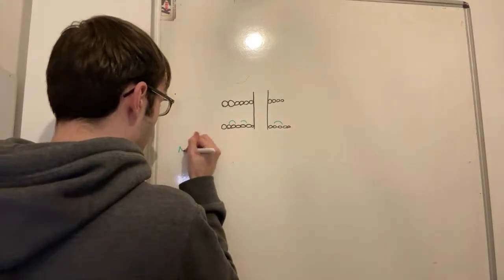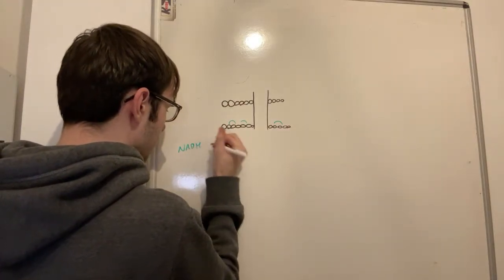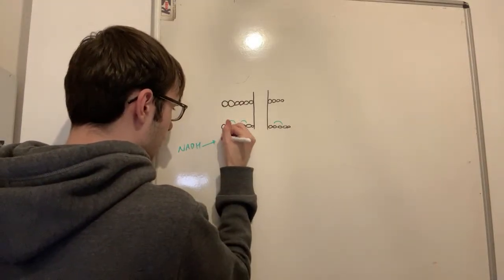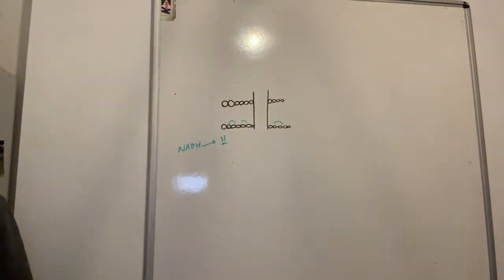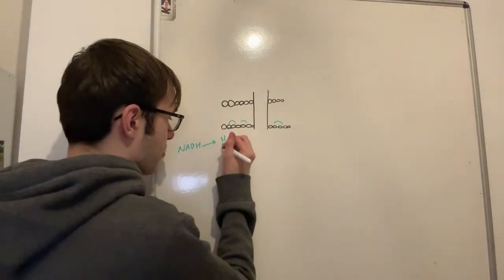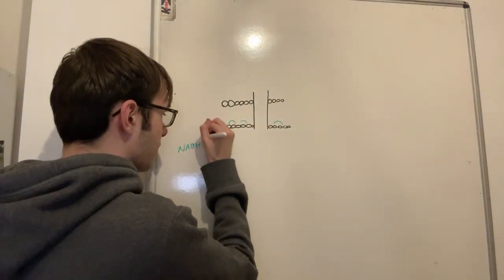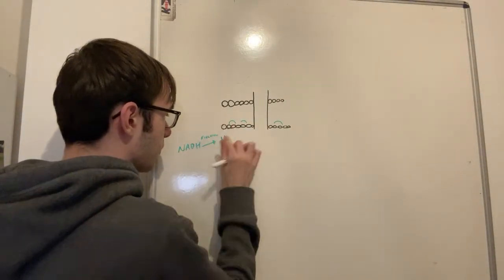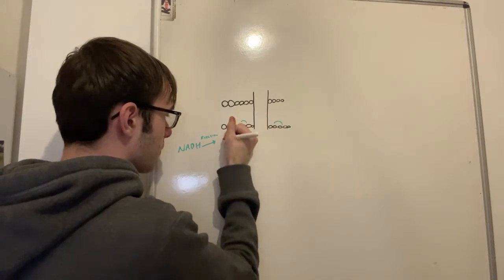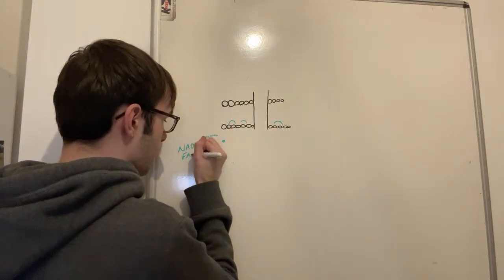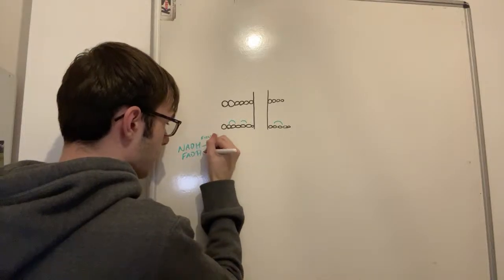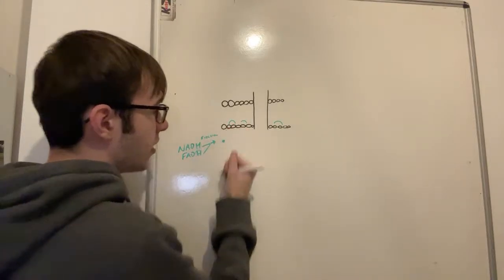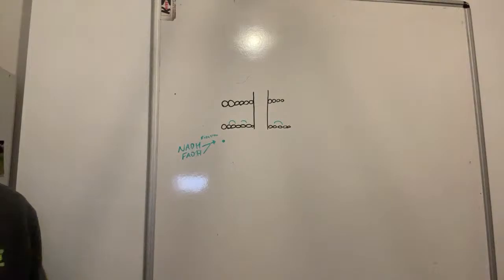Okay, so NADH is going to donate its electron, or hydrogen. It's going to donate its hydrogen, which is basically just an electron. So they are going to donate their electron to the transport chain.